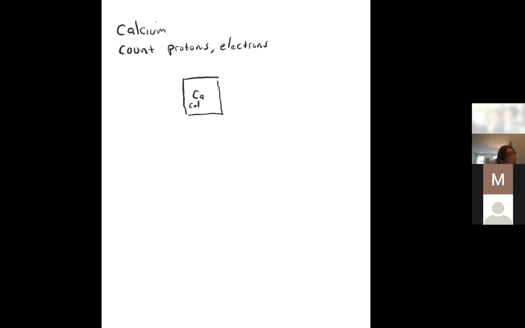It gave you the name, and then it said 20 here. So that's your atomic number right there, and the atomic number is the number of protons in one atom. So calcium has 20 protons.